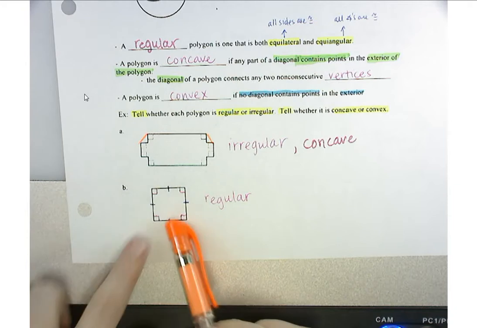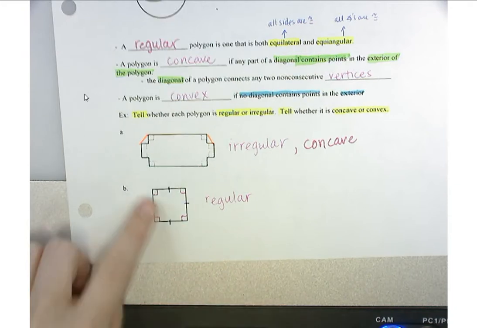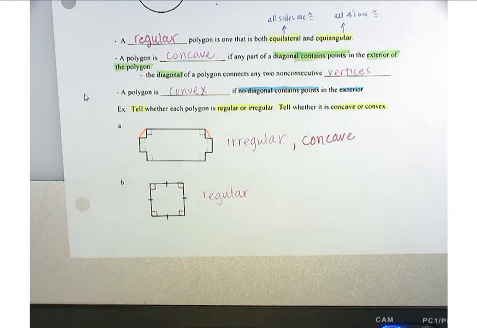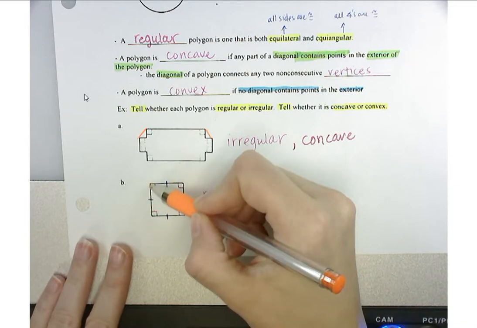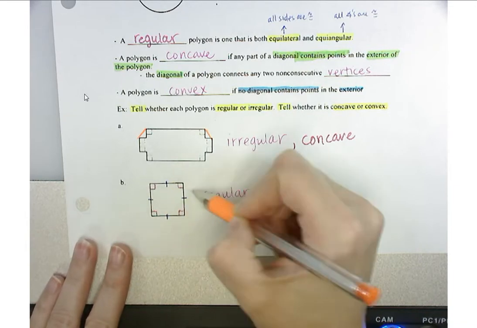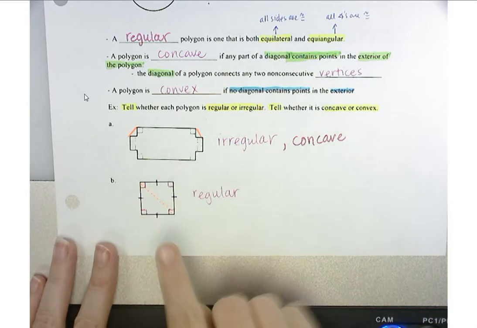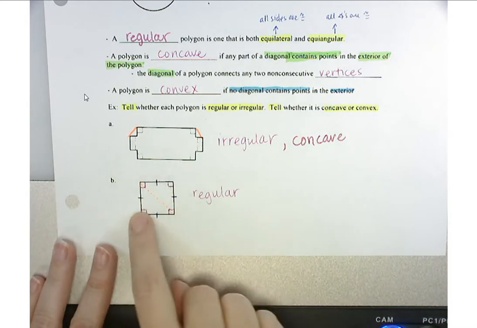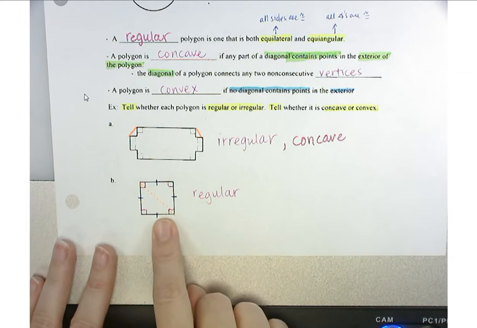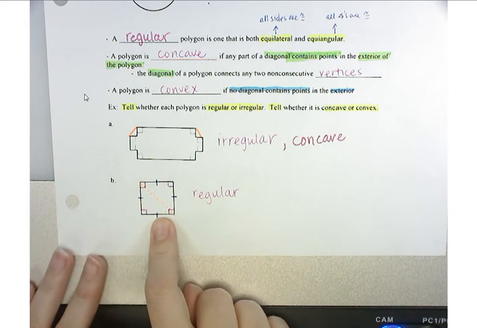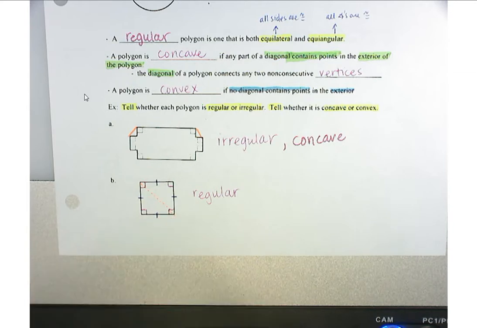If you look at the square, if I were to draw from this vertex here to any other vertex, the only diagonal I can make is this one, because the other two are right next to it. See how the only diagonal I can make is inside the shape? That's how you know it is convex.